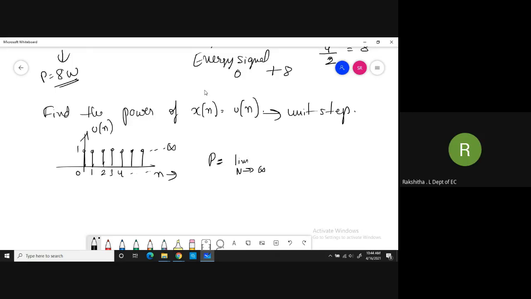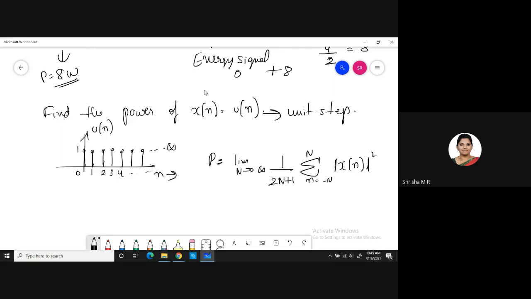Ma'am, limit n tends to infinity 1 by 2n plus 1 summation n is equal to minus n to n, modulus of x of n whole square. Clear, everyone? This is the equation for power for a non-periodic discrete time signal.